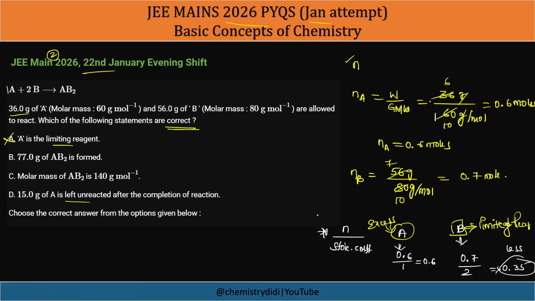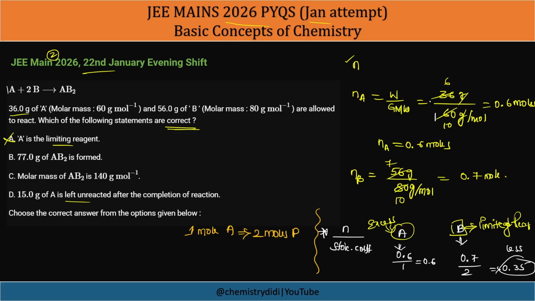I told you I will explain both ways to check the limiting reagent. This way you can check by calculating the number of moles divided by the stoichiometric quotient, or by the equation: 1 mole of A requires 2 moles of B, right?